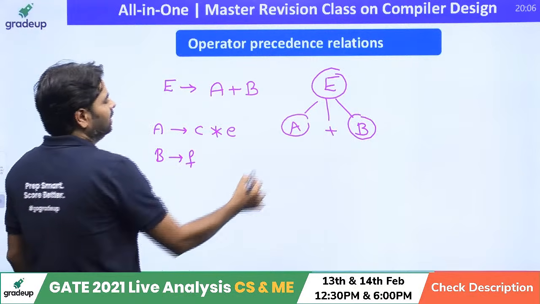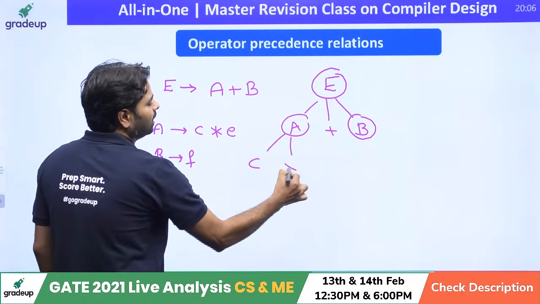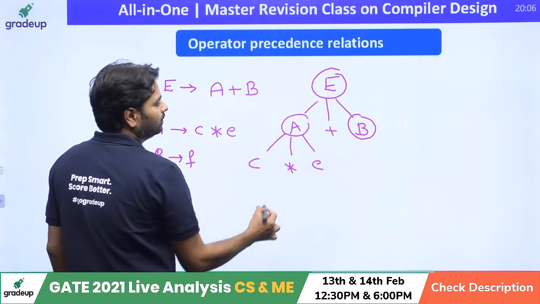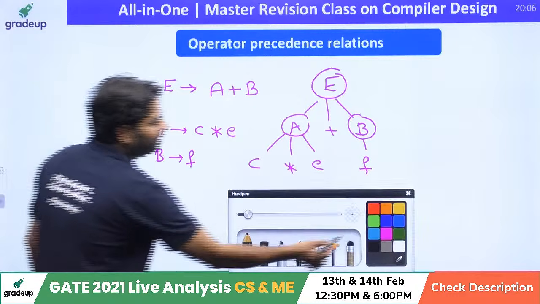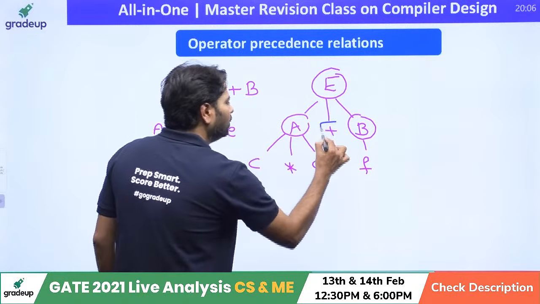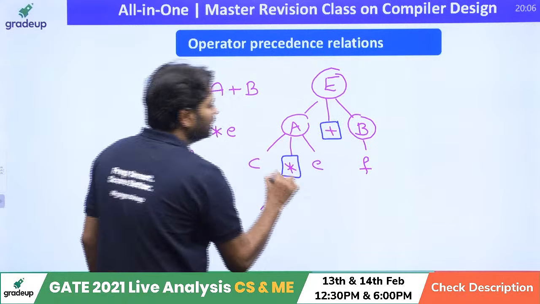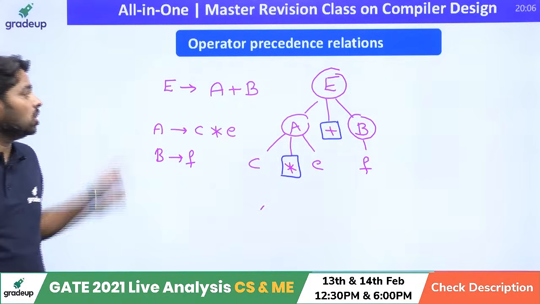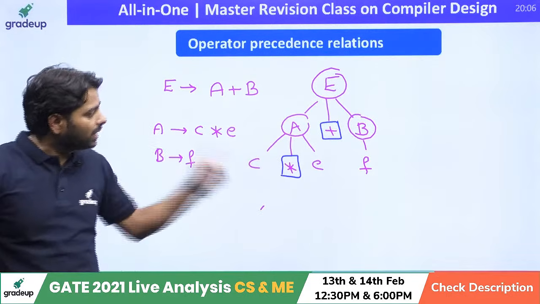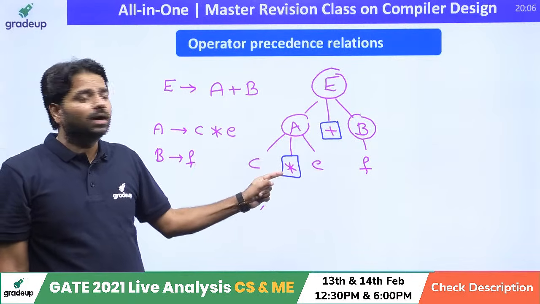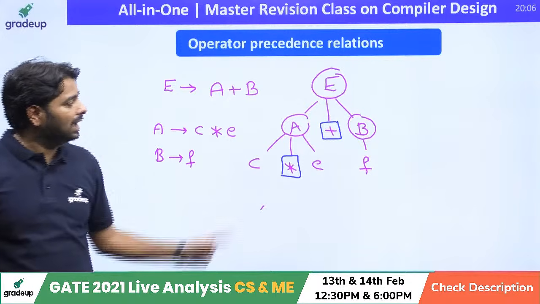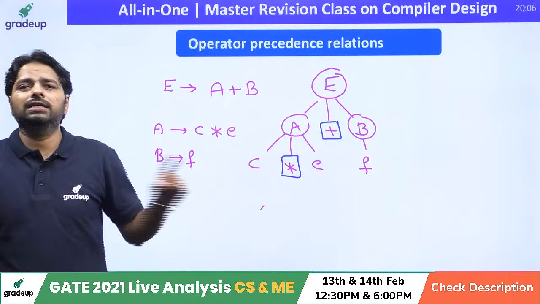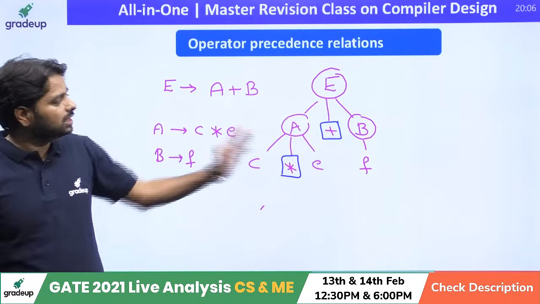E gives A plus B, A gives C star E, and B gives F. Look carefully, it is a very simple question. Look at this plus and look at this star. Which one should be evaluated first according to the grammar? If you are writing this input or this program, how is the compiler going to understand your program? Who has more precedence? Star has more precedence. Everybody, can you see that?